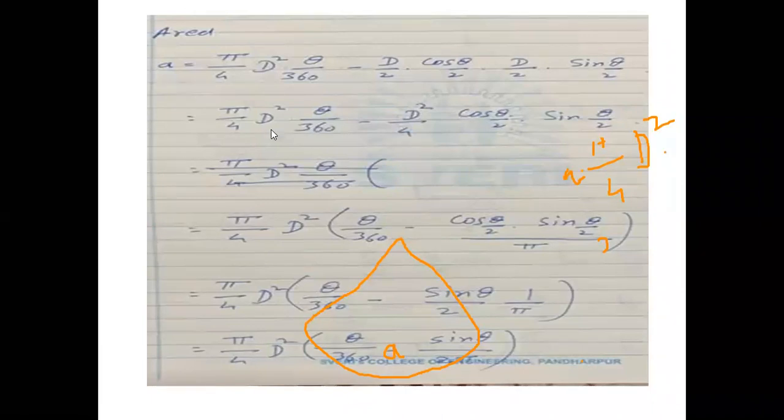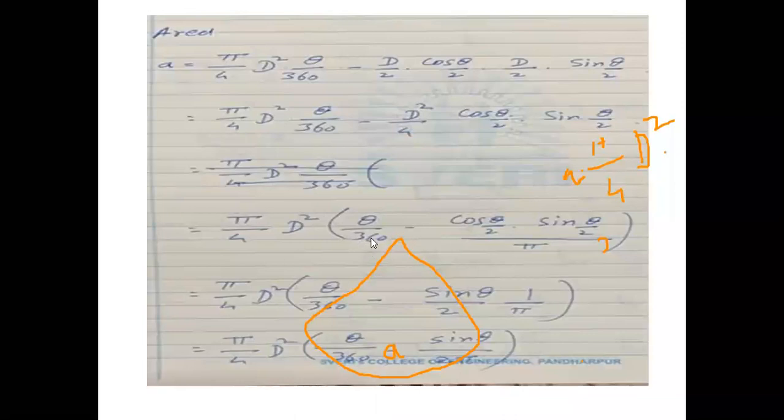Okay, now we'll solve this further. Pi by 4 into D square theta upon 360 minus D square upon 4 into cos theta by 2 into sin theta by 2. Okay, now the next part, pi by 4 D square, we have taken as common. So what will remain in the first part is theta upon 360.